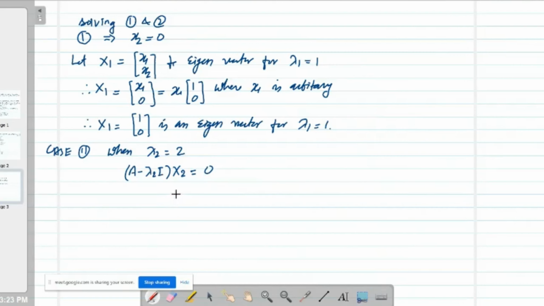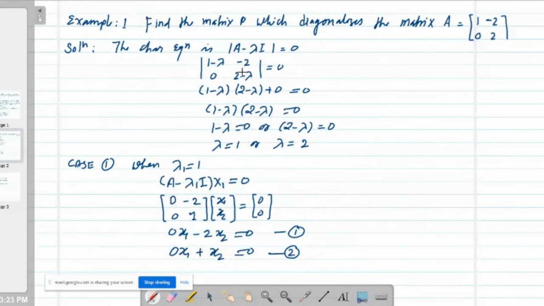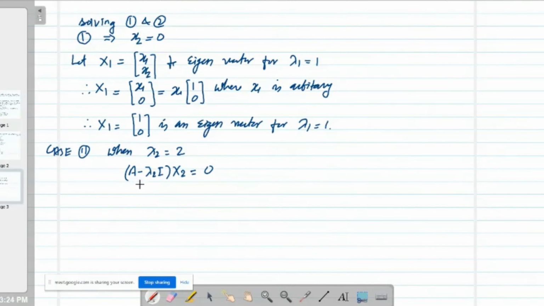Getting this much? Yes, sir. So now we put lambda 2 equal to 2 in this matrix. Just tell me what matrix you get.